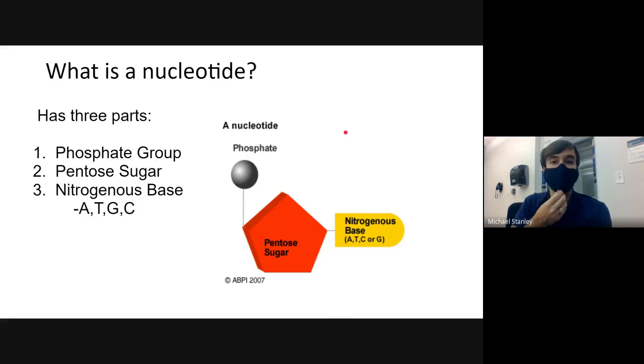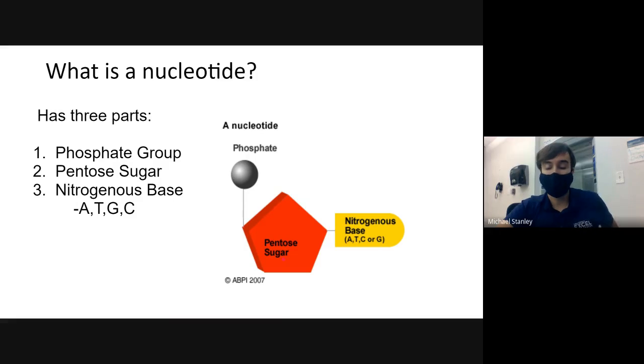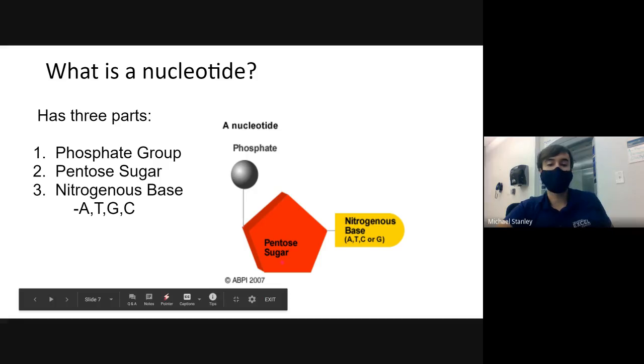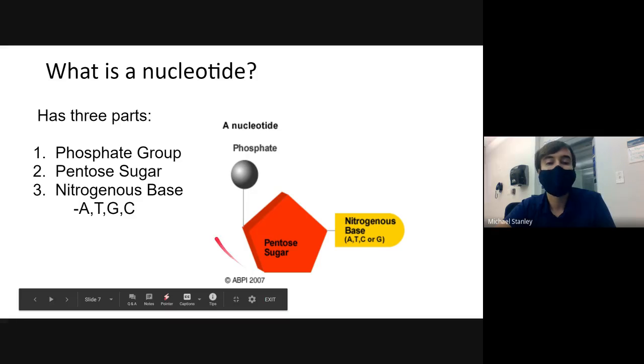So speaking of nucleotides, every single nucleotide inside your DNA has three main parts that make it up. It has a phosphate group. It has what's called a pentose sugar, which, if you remember your elementary school shapes, a pentagram is a five-sided shape.